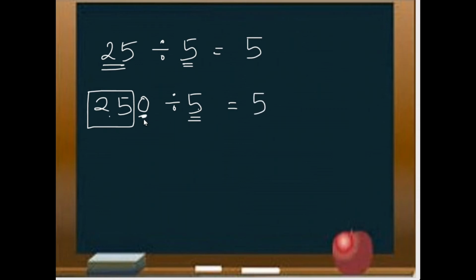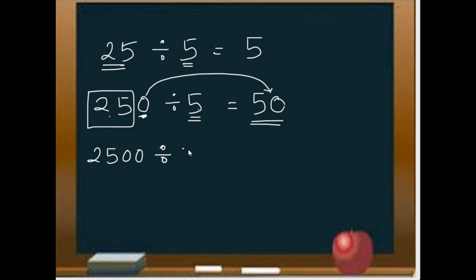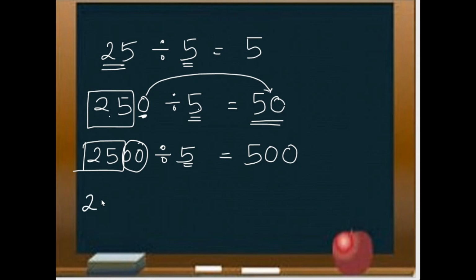Now this 0 is still remaining here, so I'm going to shift that 0 here to get the answer as 50. Similarly, if I have 2500 divided by 5, again I'll focus on the non-zero part of the number. 25 divided by 5 is again a 5, and these two zeros I'm going to add here in the answer, which is 500.